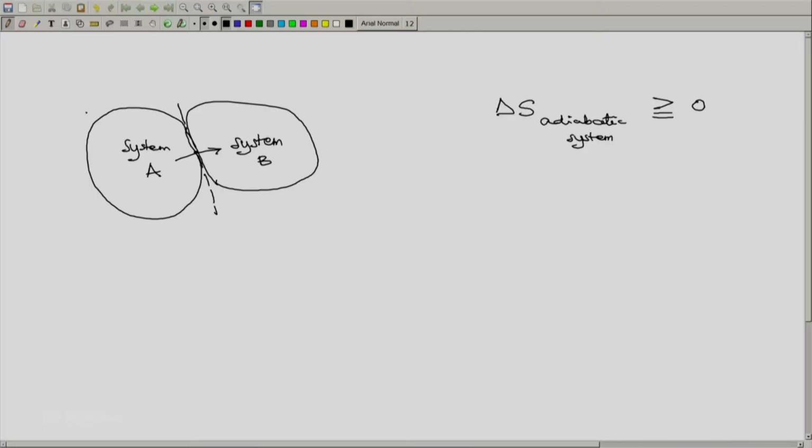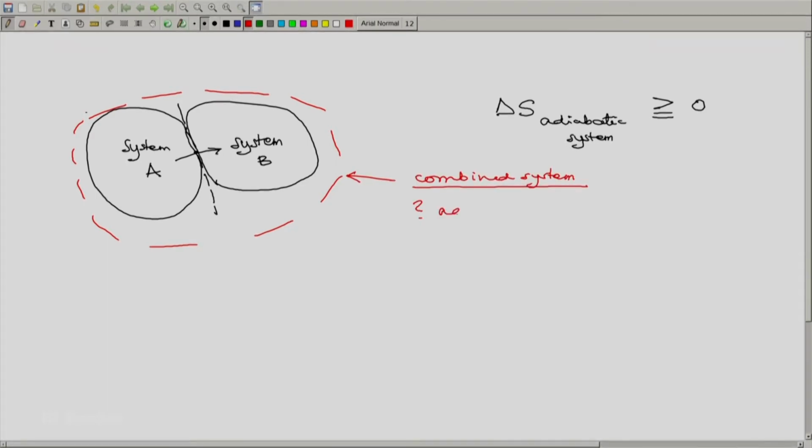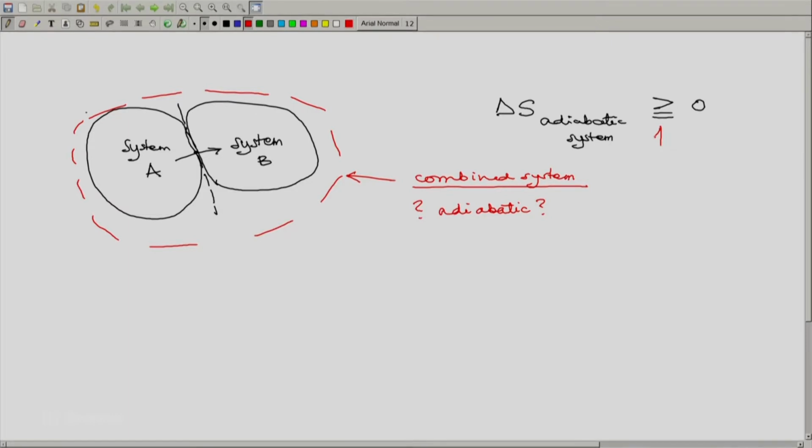So what we do is we create a combined system, let us say shown like this, and we check whether this combined system is adiabatic. If so, then our problem is solved. Now we can apply the second law to this combined adiabatic system and check whether it is satisfied or not using this relation.